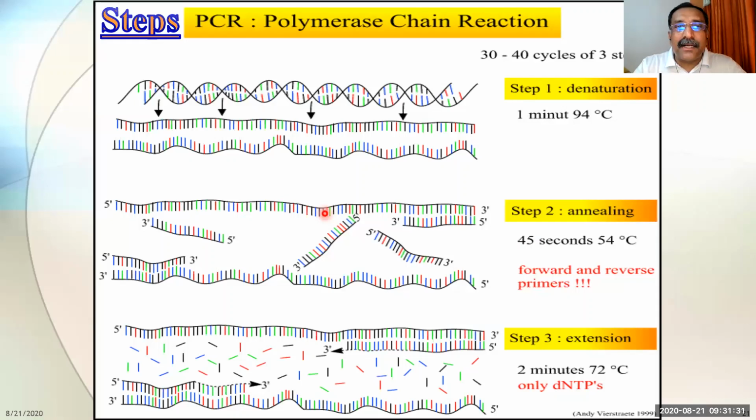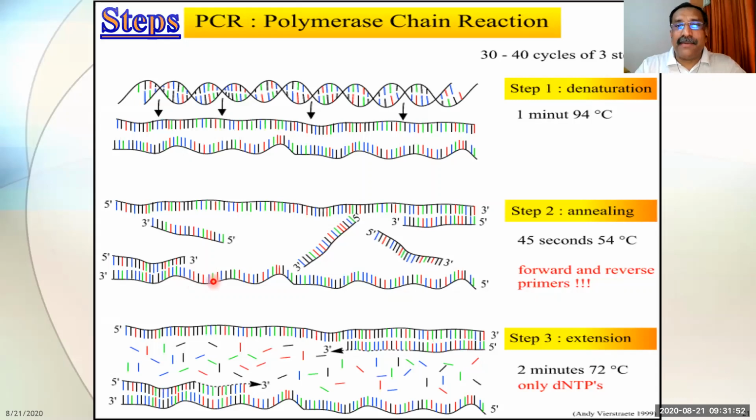This is the old strand. This is also an old strand, in opposite directions. That means this is a 5' to 3' end strand, and this is another strand that is running in 3' to 5'.